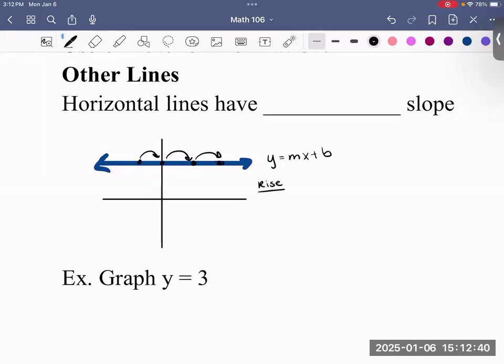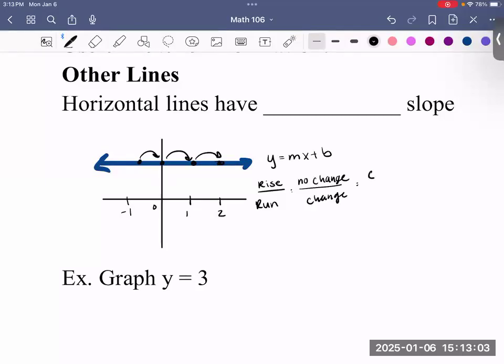No, your y value is going to stay consistent. Your x value can change. Maybe it goes from 0 to 1 to 2 or maybe -1, right? So your x value will change, but your y value doesn't. No change. But this one is changing.